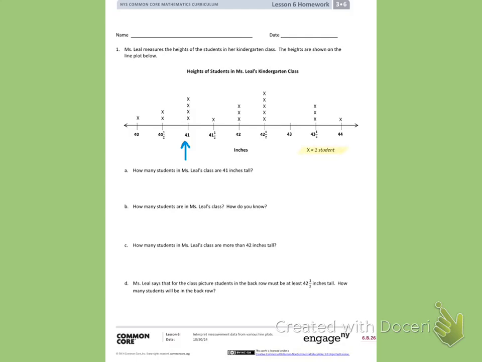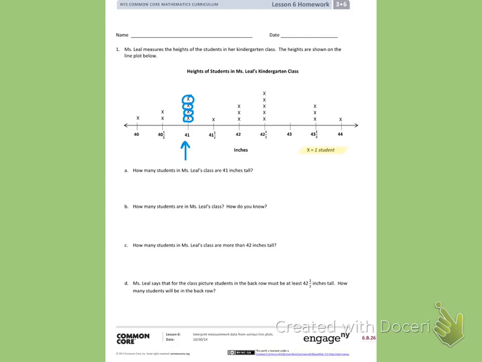You can see that each X represents one student. That means we can begin counting by ones. 1, 2, 3, 4. There are 4 students in Miss Leal's class that are 41 inches tall.